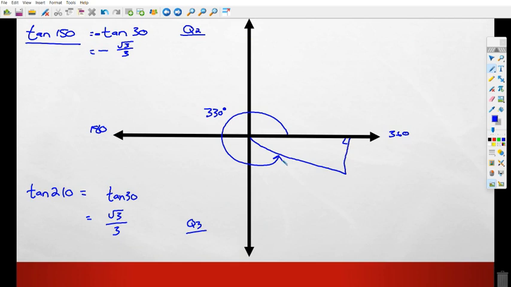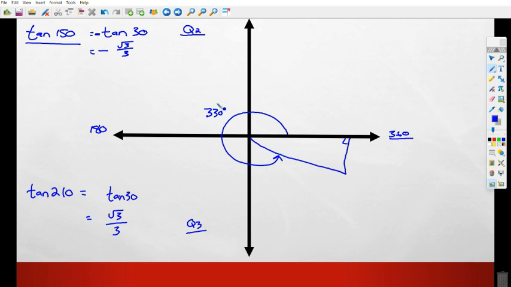I want to ask you how far is this line that I drew, my hypotenuse, from the closest horizontal? Which horizontal is closer, the 180 horizontal line or the 360 horizontal line? The 360 is obviously closer. This distance over here is closer than this distance over here to my 180. So the closest horizontal is 360.